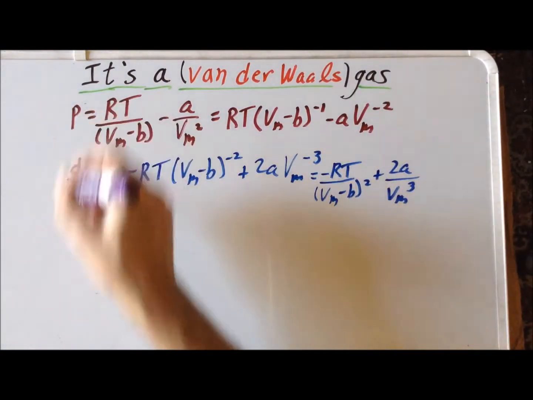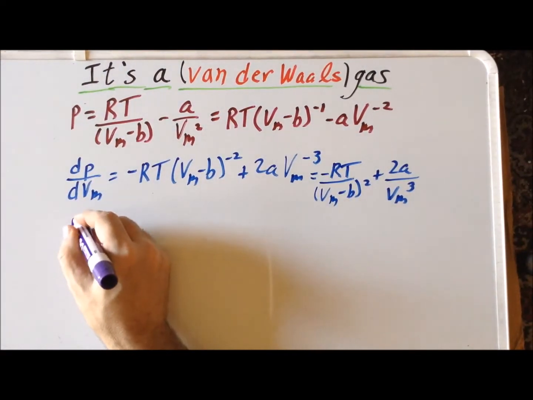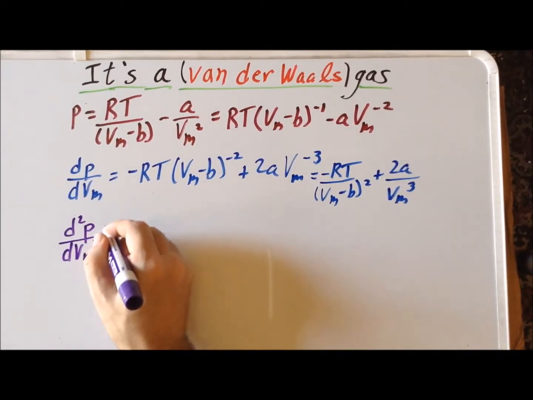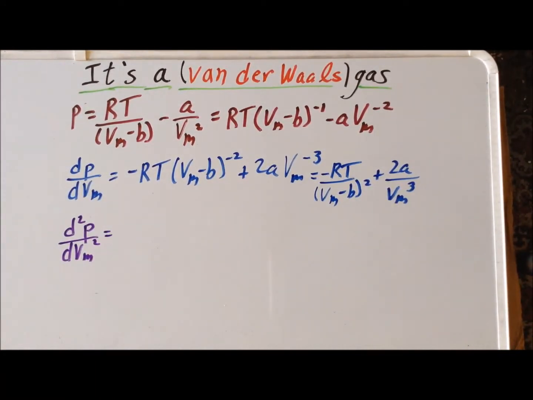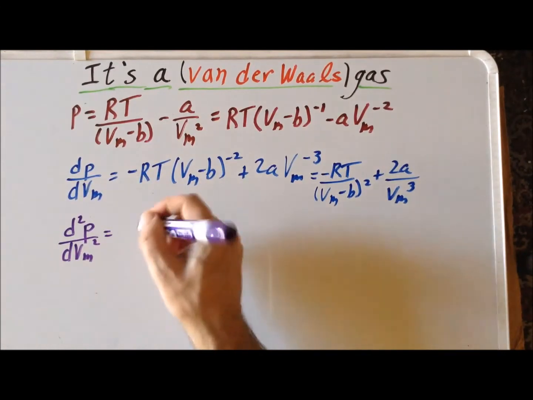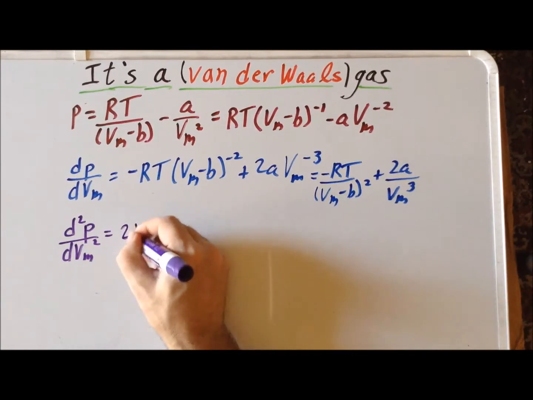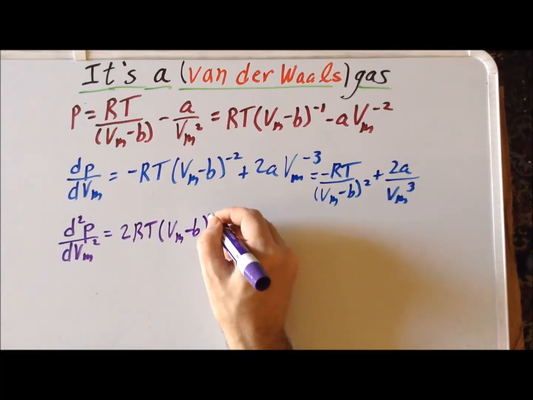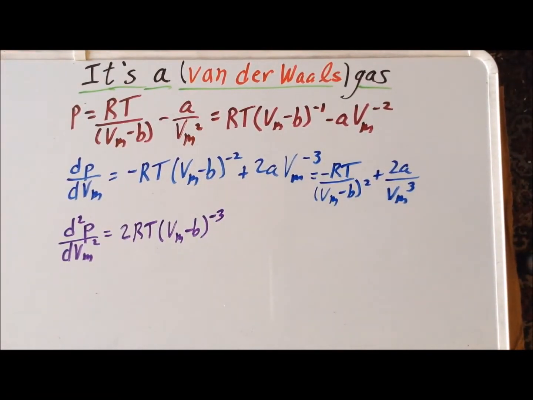Next, we find the second derivative of the pressure with respect to the molar volume. We use the fact that the second derivative is the first derivative of the first derivative. So we use the properties of exponents. We use the minus 2 as a multiplier, bring that in front as a coefficient. Minus 2 times minus 1 gives us a plus 2. So we have 2RT times the quantity V sub m minus b to the minus 3, and then times 1.